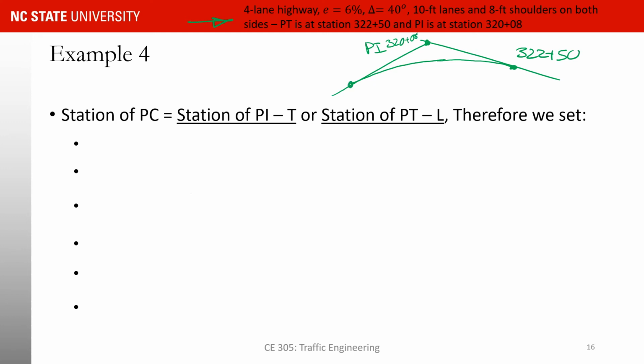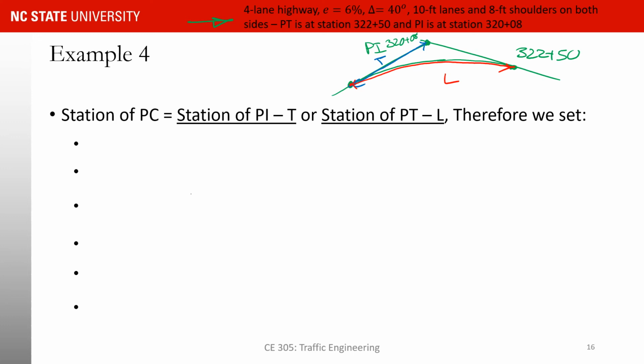And we know that we can find the station of PC by either subtracting T, this is T, from the station of PI, or by subtracting L, which is this length, from the station of PT. So both of these are going to take me to the station of PC.